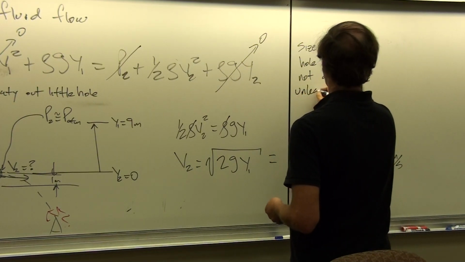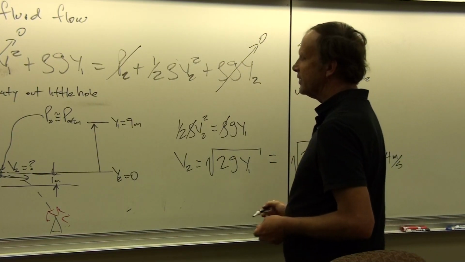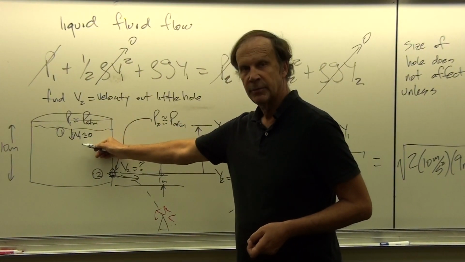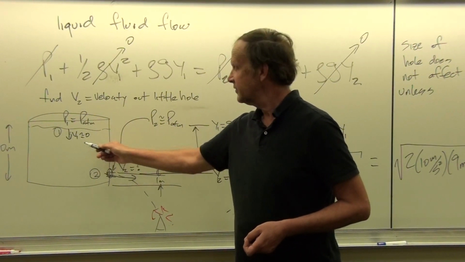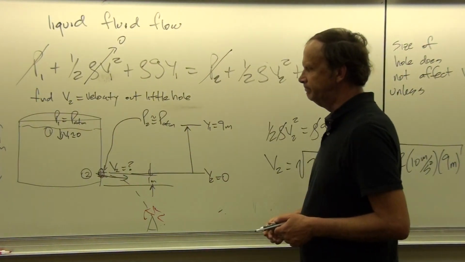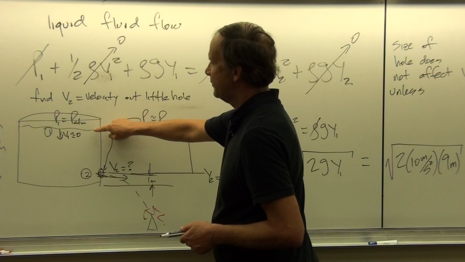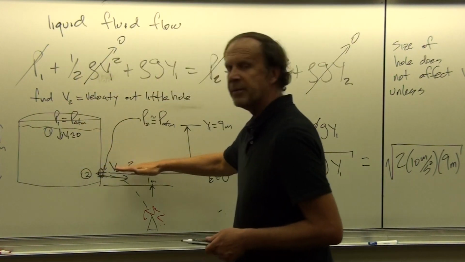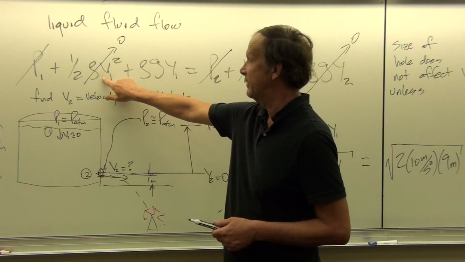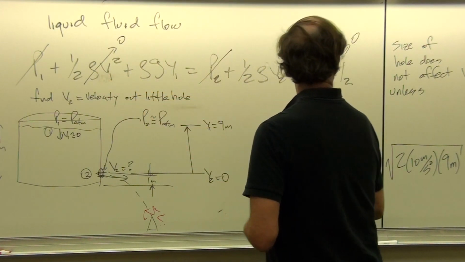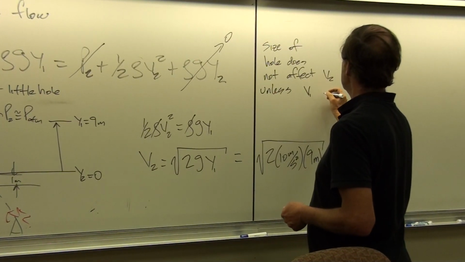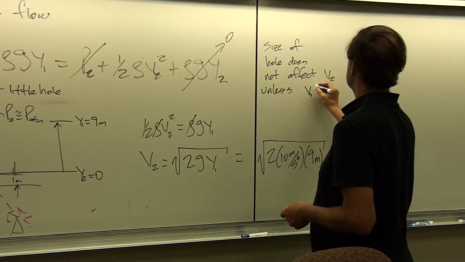Unless there's enough water flowing out this hole so that this V1 term is significant. Okay, and so in other words, if you knocked out the whole side of this water tower, then V1 would be comparable to V2. And then you could not justify throwing out this 1/2 rho V1 squared term. So this is true then unless V1 becomes comparable to V2.